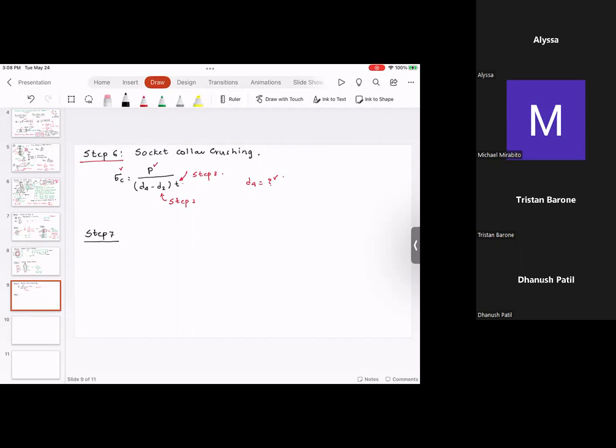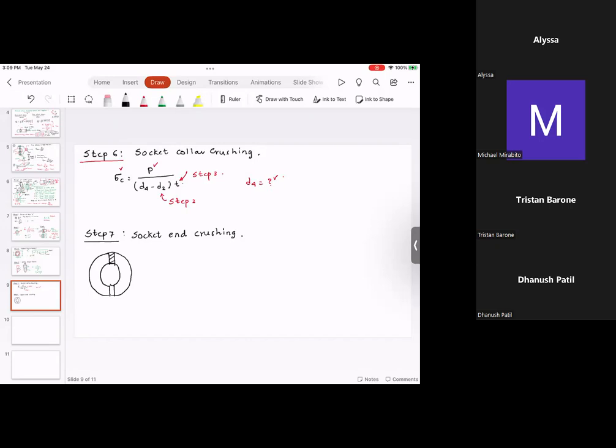So socket end failure in crushing. If you look at the socket, I will try to show you what this means. We looked at the same failure mode earlier, but at that time we looked at a different area.